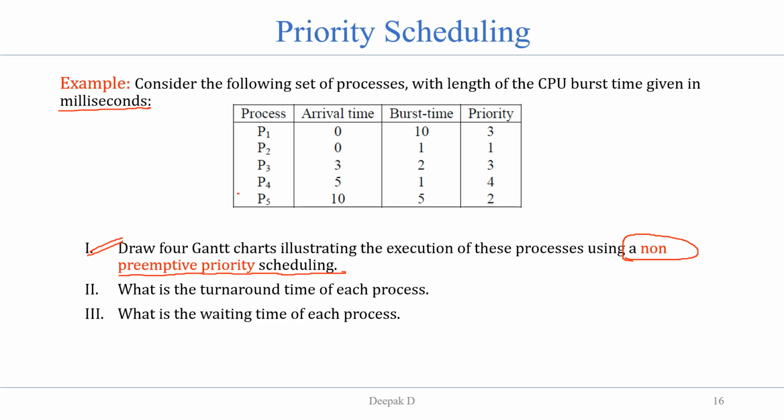So here it is mentioned clearly that you need to solve using non-preemptive priority scheduling, and you need to identify the turnaround time of each process and also the waiting time for each process.